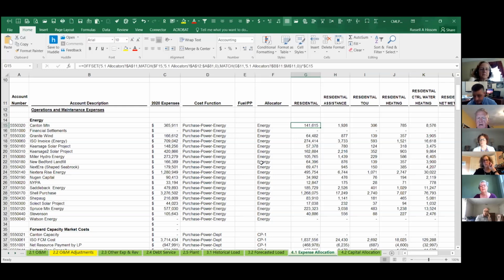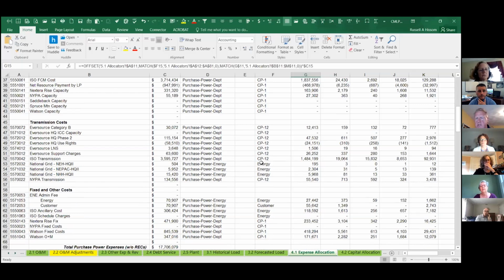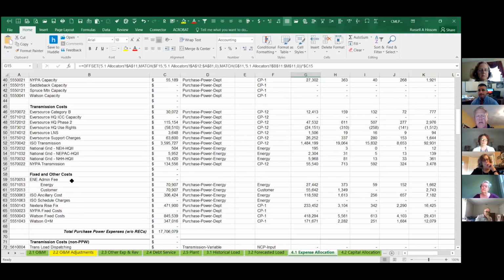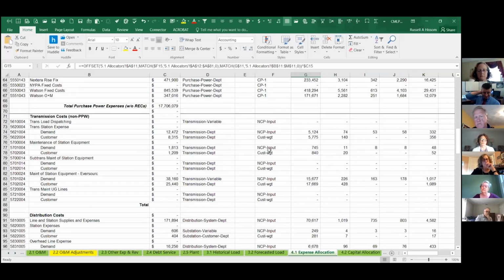We probably use 30 different allocators, based on peak, non-coincident peak, energy usage, number of customers, things like that, and then the type of the expense. These are industry standards that I think fit CMLP fairly well. And there's some tweaking along the way based on how to split costs that we discussed with your team.